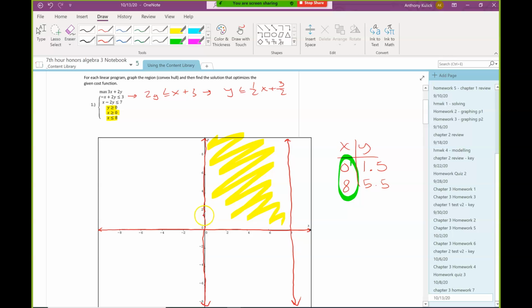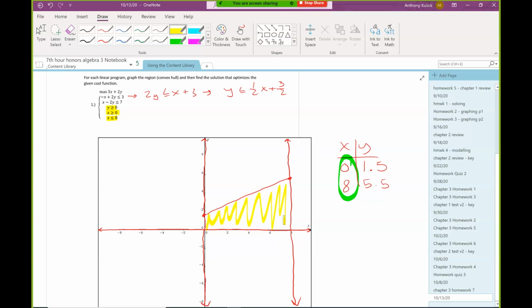So 0 and 1.5 is maybe there, and then 8 and 5.5 is maybe about there. So now our solution space is this trapezoid, right? Is everybody okay with that?